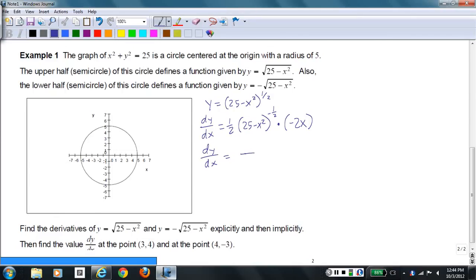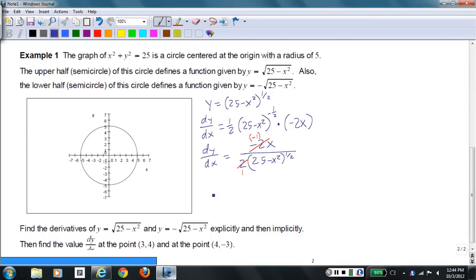I want to write a fraction, with 25 minus x squared to the 1/2 power in the denominator. I suppose I could put a 2 in the denominator and a negative 2x in the numerator. That might be easy to see. The 1/2 gives us the 2 in the denominator. And then we can divide this 2 by 2 and get 1, and divide this negative 2 by 2 and get negative 1.